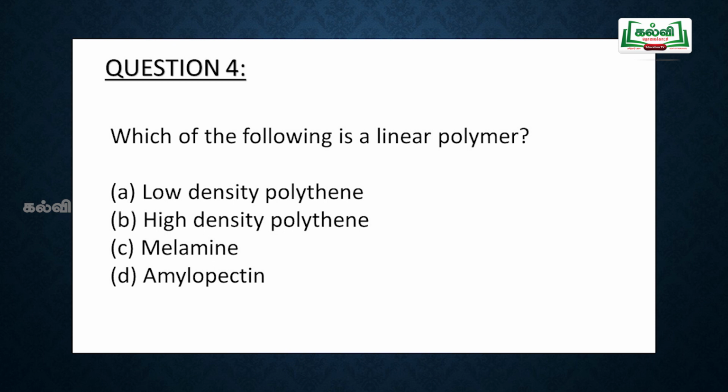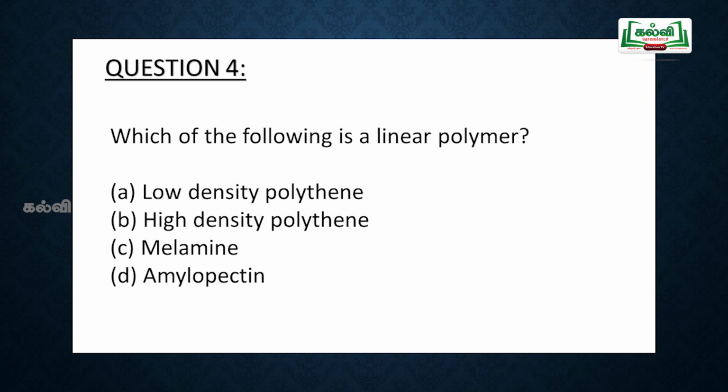Remember, low density polyethylene comes under branched polymers, high density polyethylene comes under linear polymers, and melamine is a cross-linked or network polymer. So the answer for this question is option B, high density polyethylene.